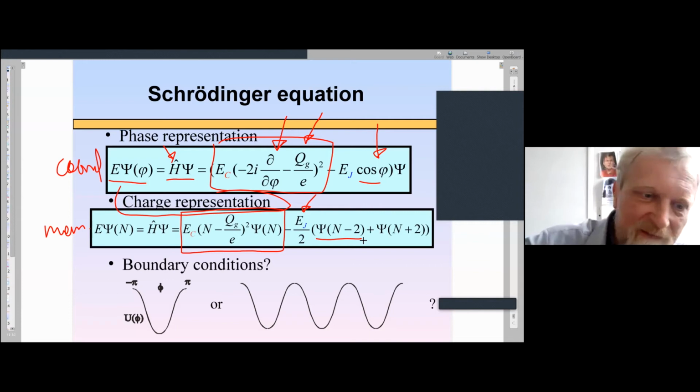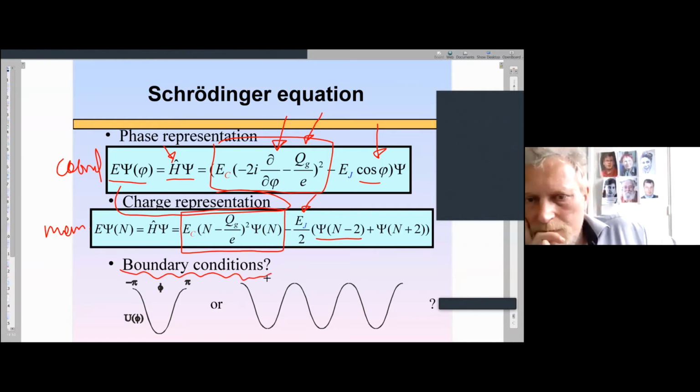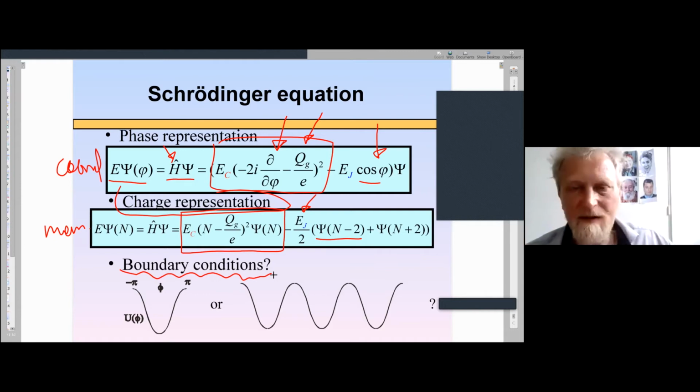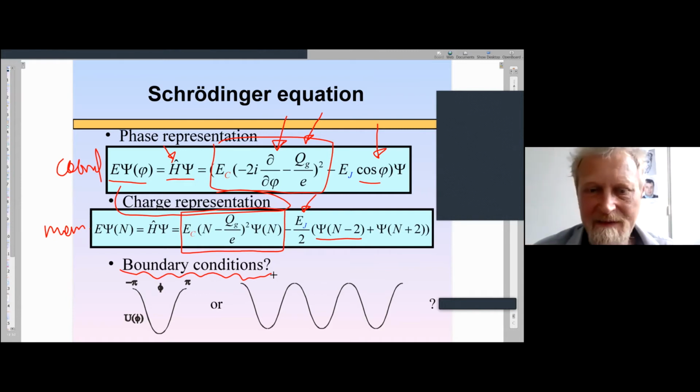We don't specify yet boundary conditions. We don't know how these functions of the phase would look. And there are two possible answers to this question.